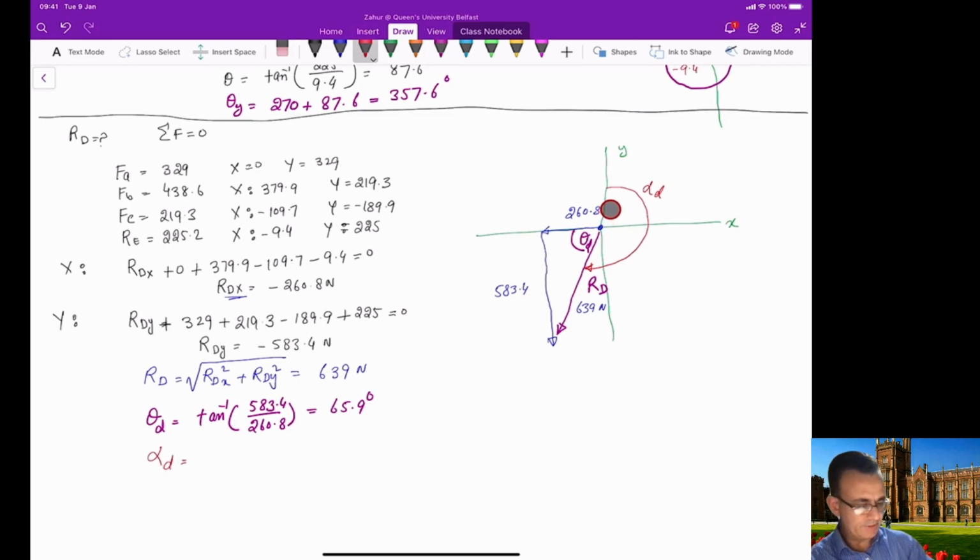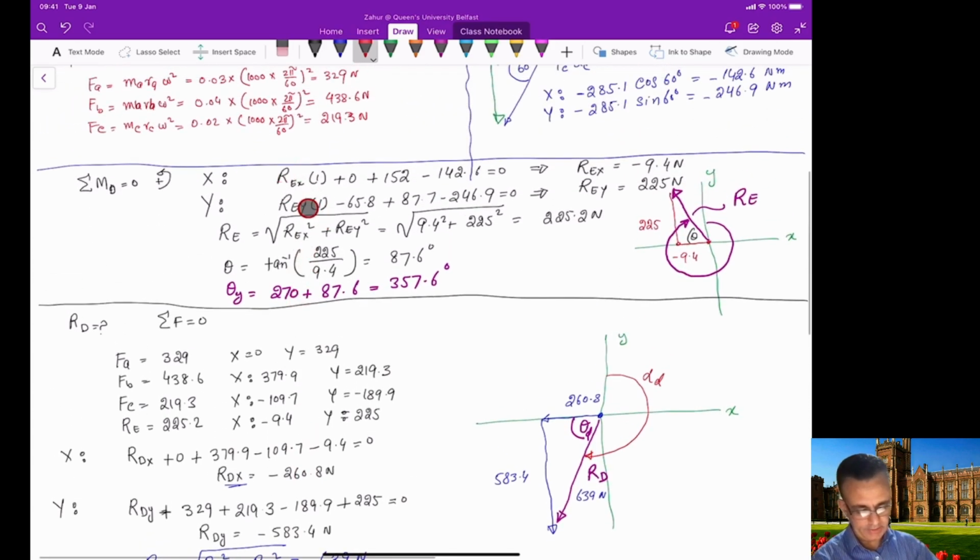In this case it is 90 and then 90 and then 90, so 270 minus theta d, which is 270 minus 65.9 degrees, which is 204.1. So by using this procedure, you can calculate the reaction force at location D, and also its angle. Similarly here, you can calculate the reaction force at E and its angle.